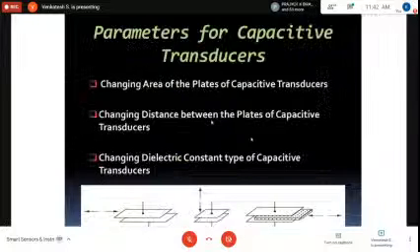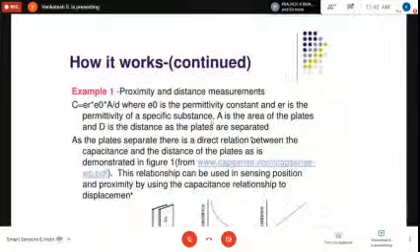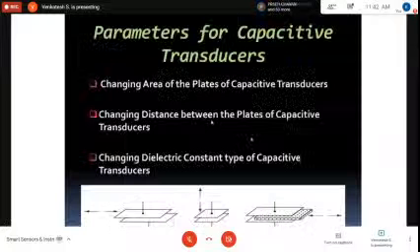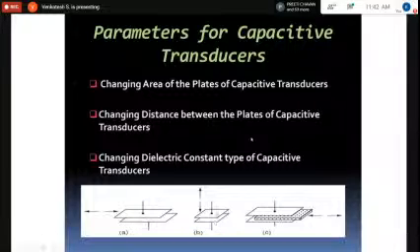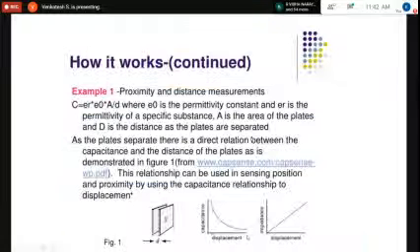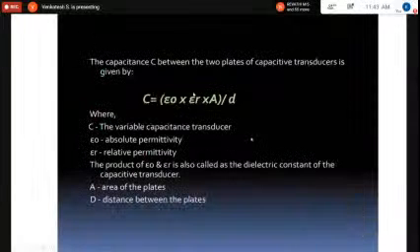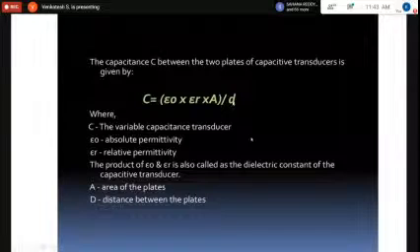Now, whether it is a linear relationship or a non-linear relationship, the parallel plate capacitor that we saw here has a non-linear relationship. As the distance between the plates increases, from zero displacement to maximum displacement, if the upper plate is brought away from the fixed lower plate, then the capacitance drops because of the inverse relationship between distance between plates and the capacitance.